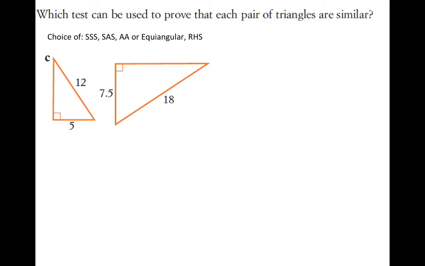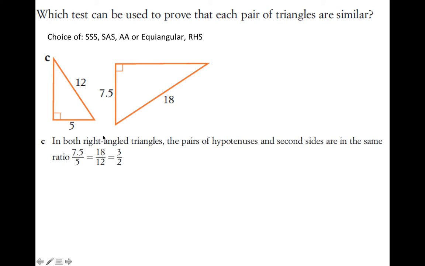The third example, they're right angle triangles. And again, we need to see if the hypotenuse is proportionally increased by the same amount. So again, we put it into the formula, 17.5 over 5 and 18 over 12.